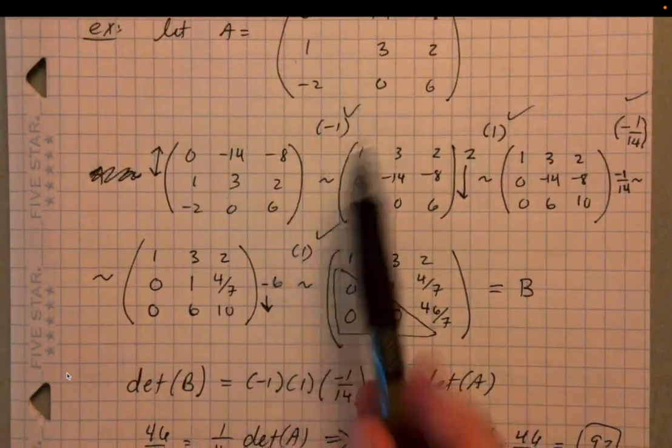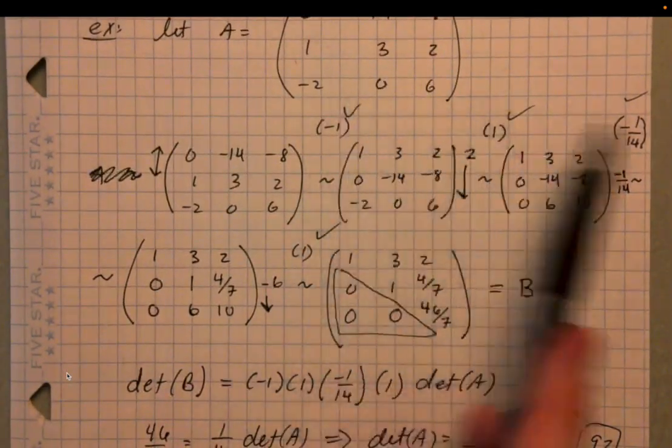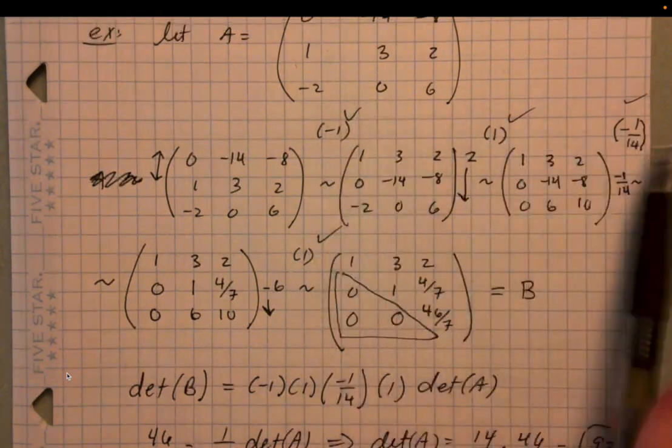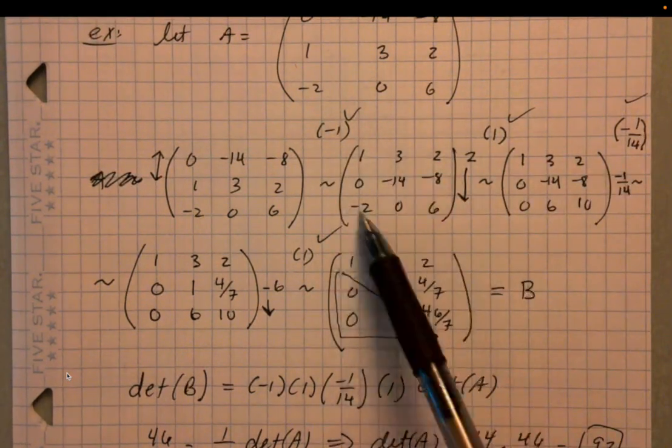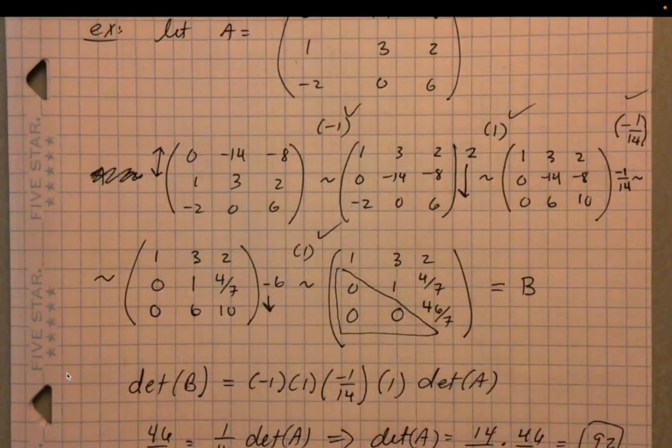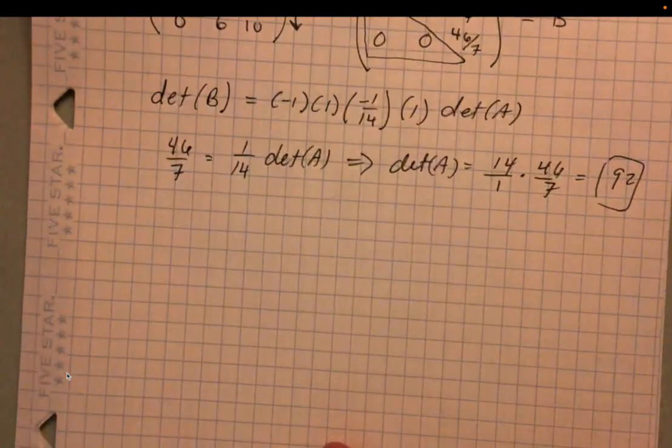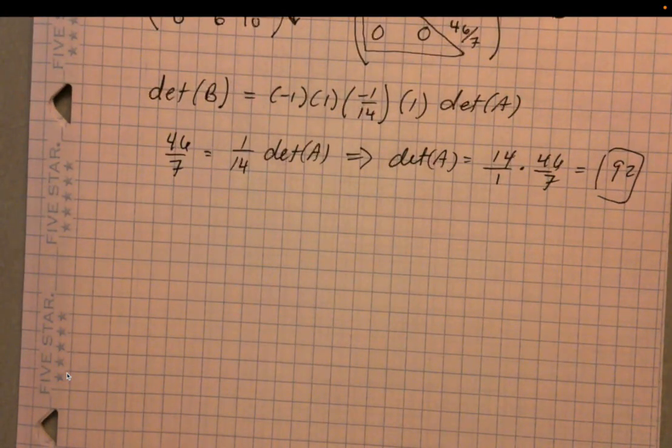The danger in this method is people lose track of what the row operation impact to the determinant is. And so keep track of that, whatever notation you have to employ in order to keep track of that. That's kind of the key. Okay. Excellent.